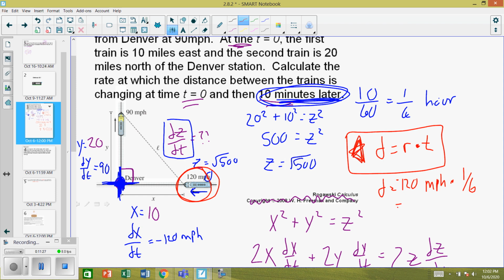But what does that end up being? What's 1/6 of 120? It should just be 20, I think. Yeah. Negative 20. All right. Now, what that means is we've traveled negative 20 miles, meaning we've gone to the left 20 miles.